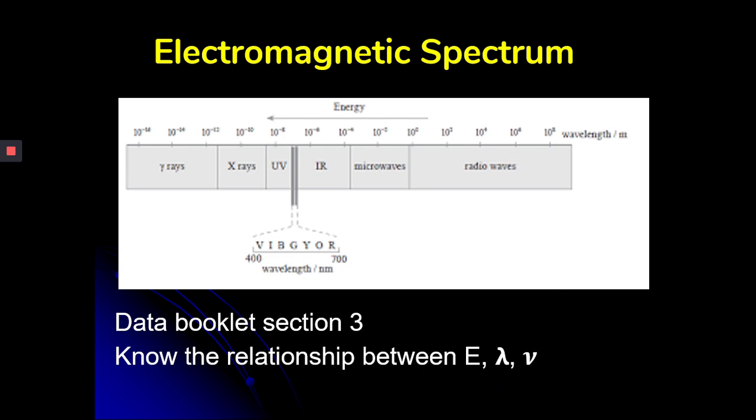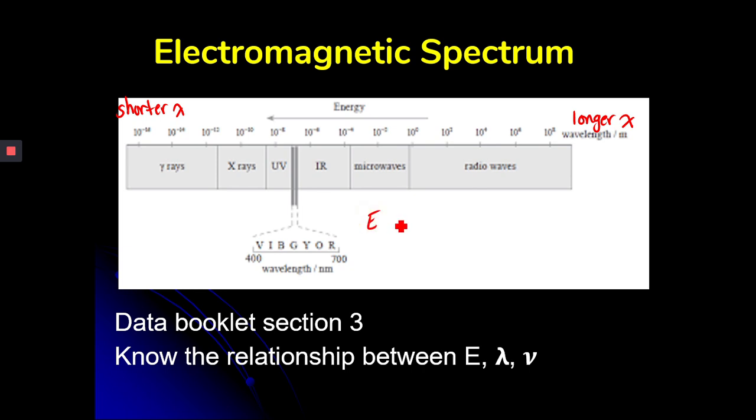The way that the spectrum is given to you is based on wavelength. This end represents the longer wavelength, and this is the shorter wavelength. So radio waves have longer wavelength than gamma rays.